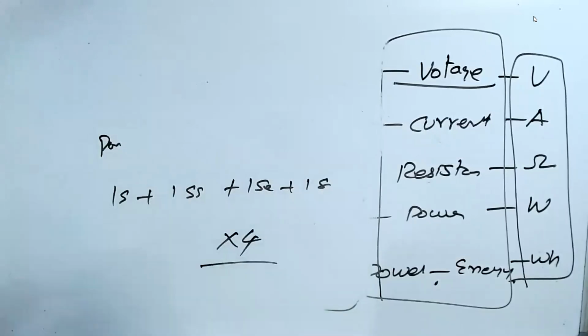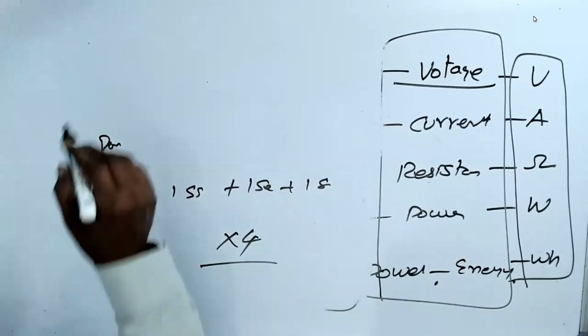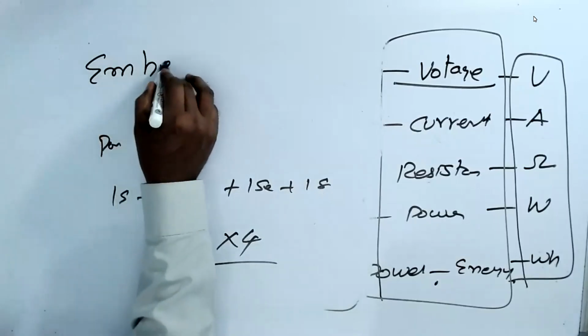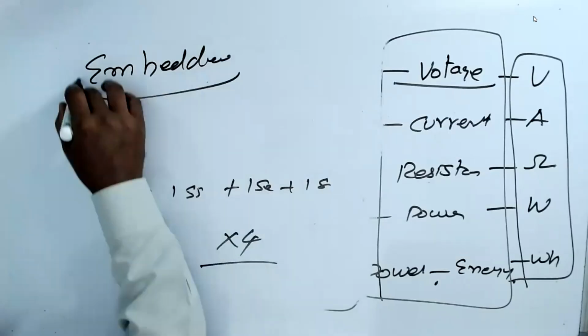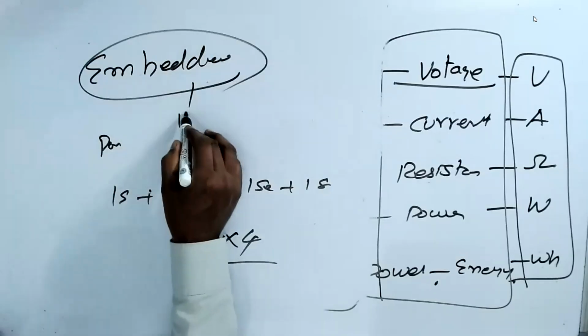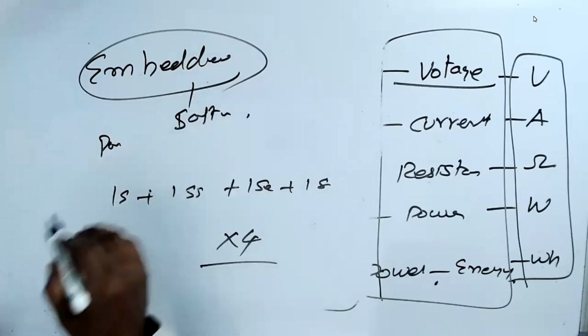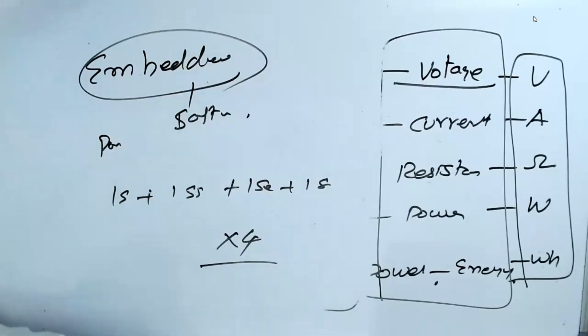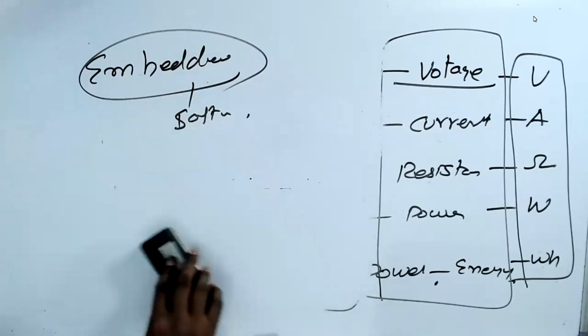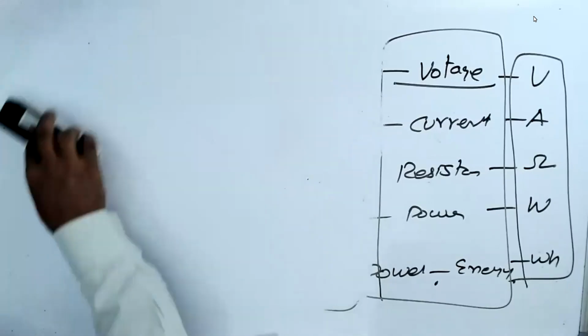So the moment I say the word energy, it is automatically cumulative, like embedded. The moment I say embedded, it means software. There's nothing called embedded hardware. Please understand like that. We always use lots of terminology like this.